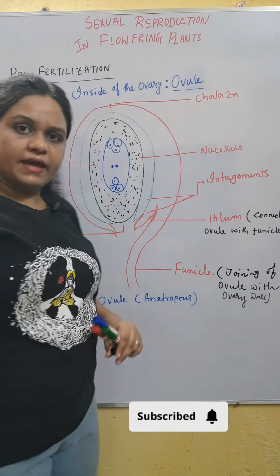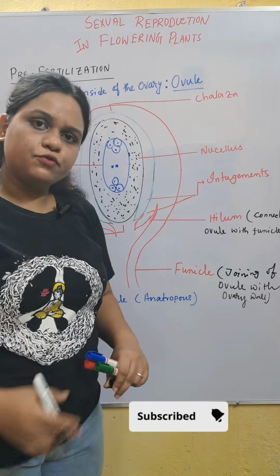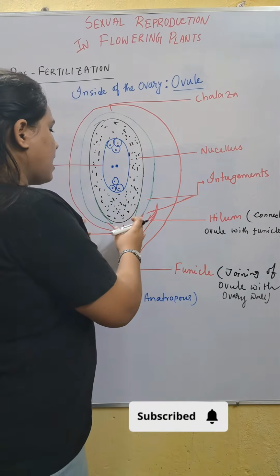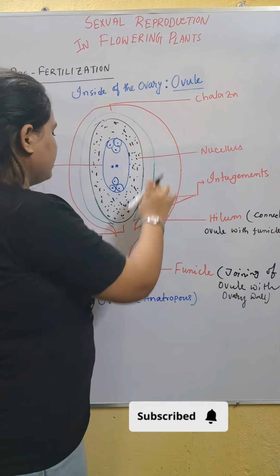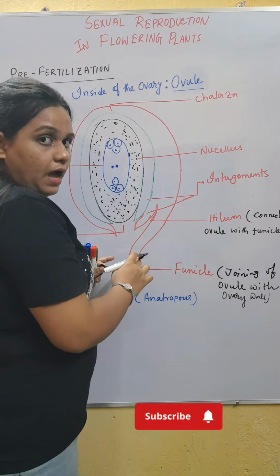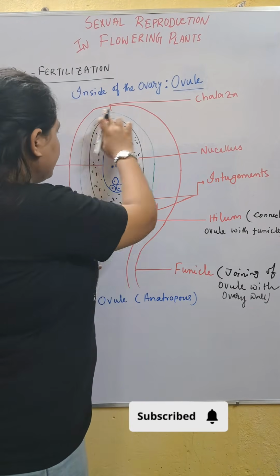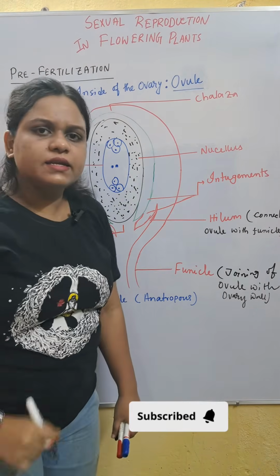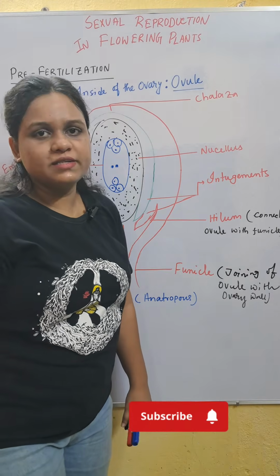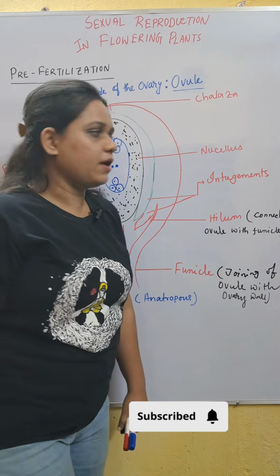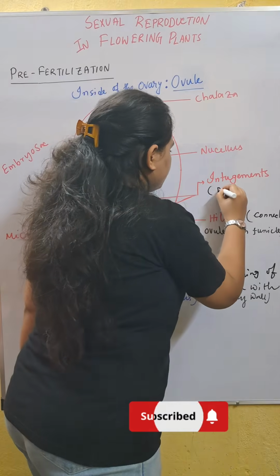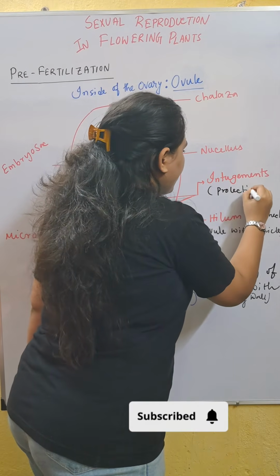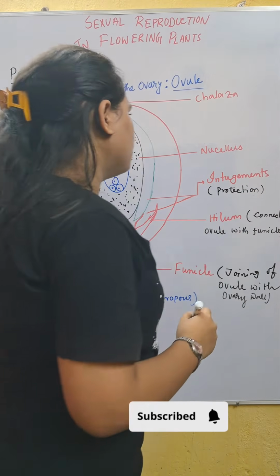In most cases, angiosperms have 2 integuments. One is outer, which I have drawn in red color, and the other is inner, in green color. These integuments have only one function, that is protection of the embryo sac. It can be 1 or it can be 2.